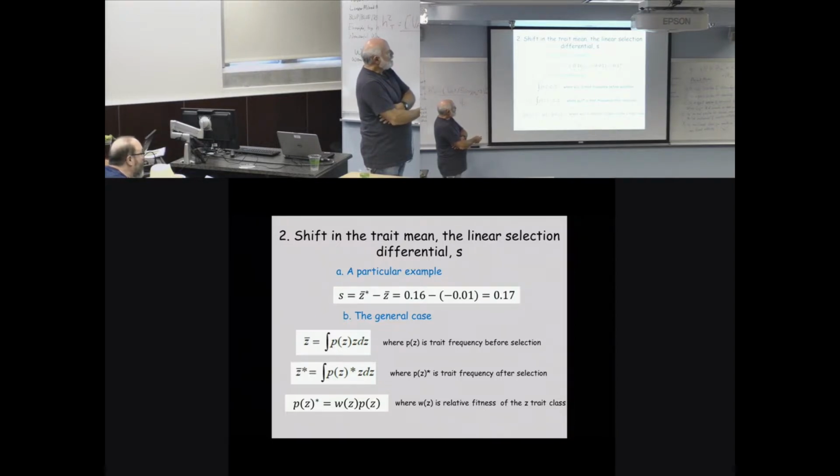It's all implicit. Z bar is the average of the distribution before selection. So if the trait is Z and P of Z is its distribution before selection, then the mean is just the integral of trait values weighted by their representation in the population, right? And that P of Z integrates to 1. And so this gives us the trait average.